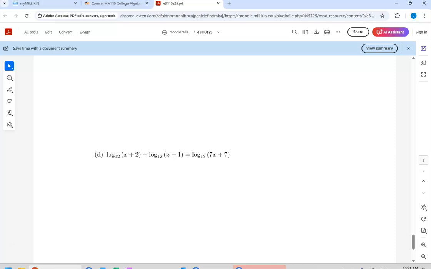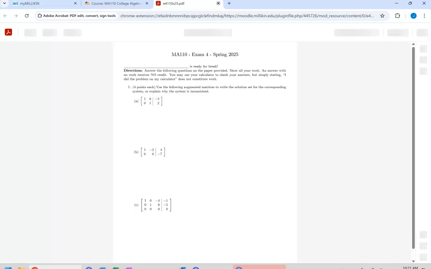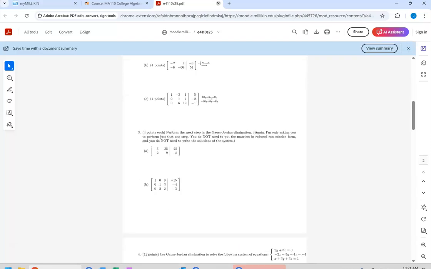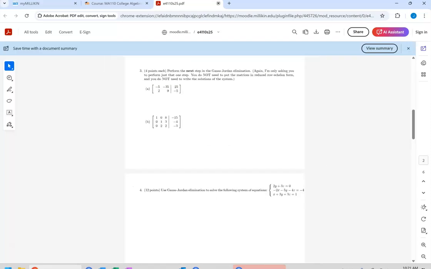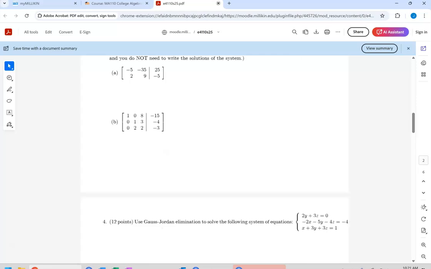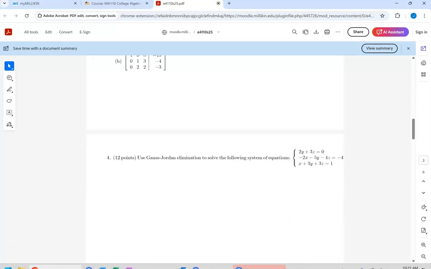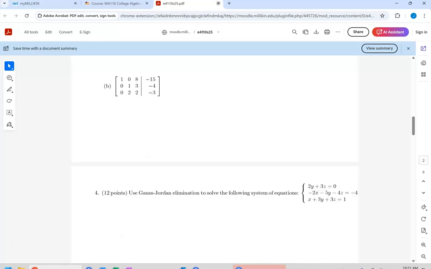And then finally, your last exam here. I told you to look at 4, 6, and 7 on this one. Well, 4 is solving a system using Gauss-Jordan. There we go.